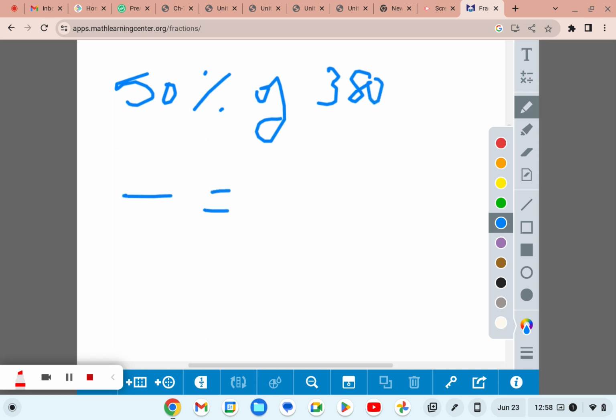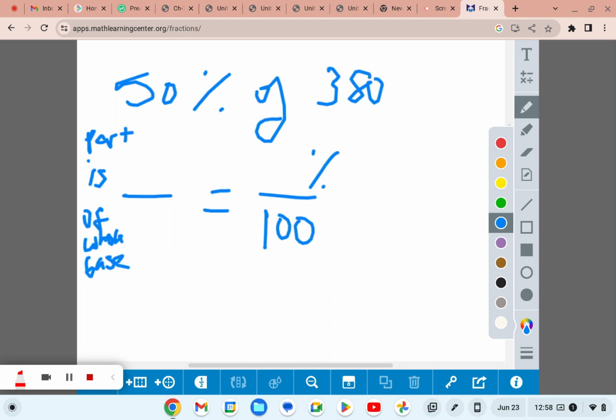Remember, in the sense of talking about percent proportion, we are going to have on one side of our proportion the percent over 100, and then on the other side we have is, which is the part, and we have sometimes represented as of, which is the whole or the base. Remember that? And so they give us certain information in our problem.